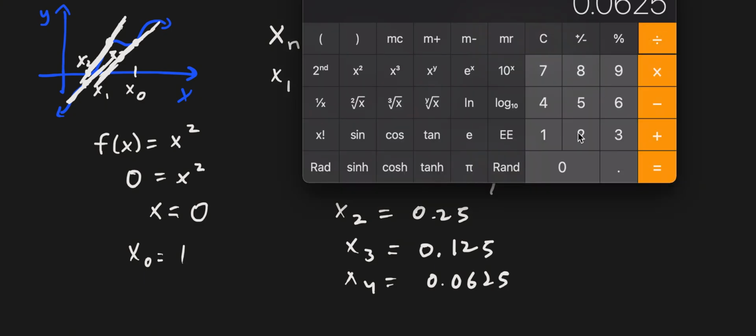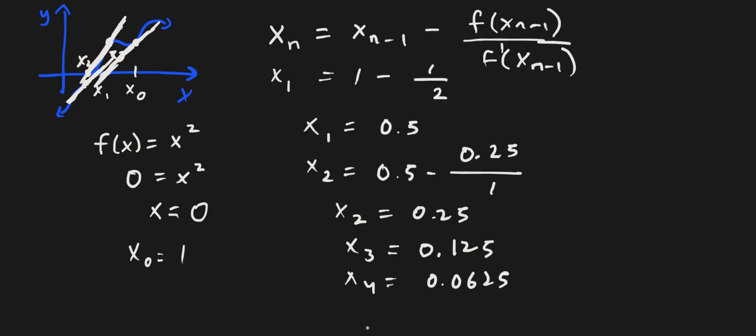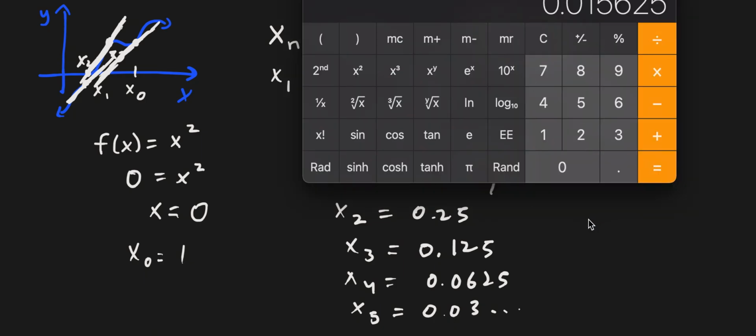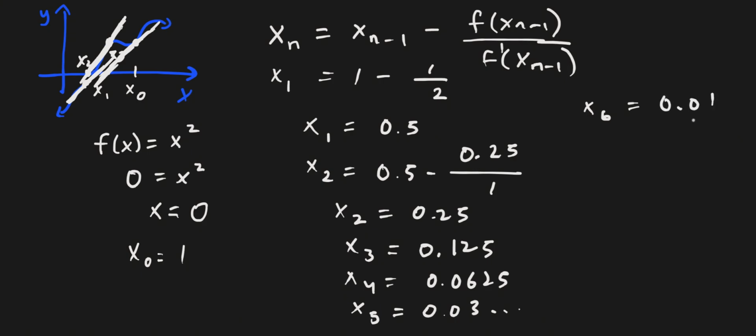Divide this by 2, we get 0.03 and so on, and x sub 6 is going to be about 0.01. Notice we're going to get closer and closer to 0, and that is, of course, our original root.